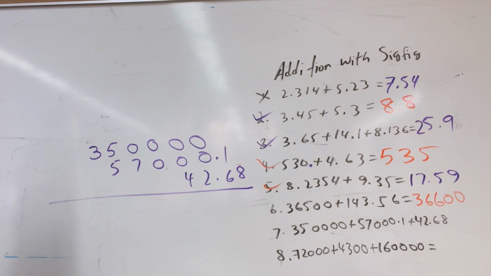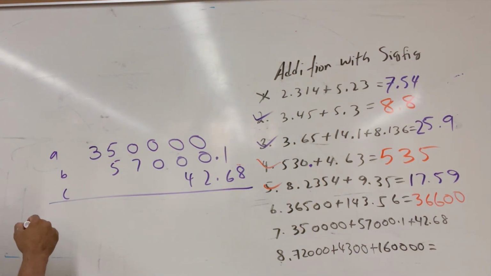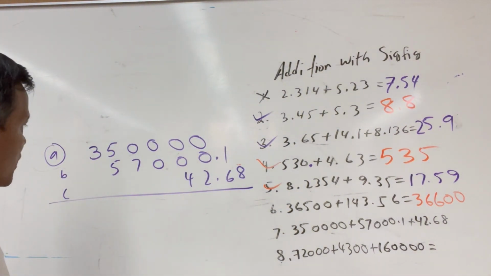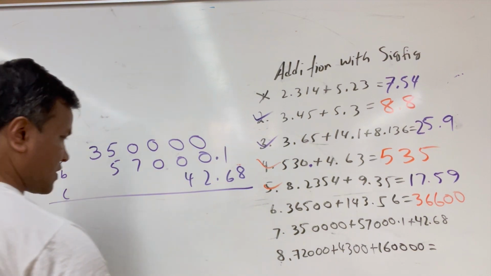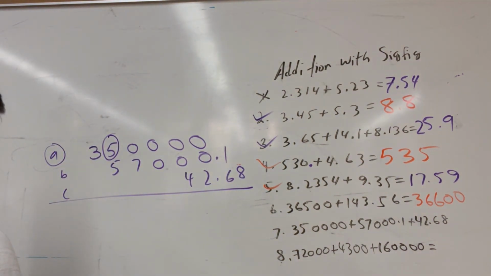All right, which one is the least precise? Of course, the least precise is A. So for A, which one should we circle? We should circle 5, the last sig fig.